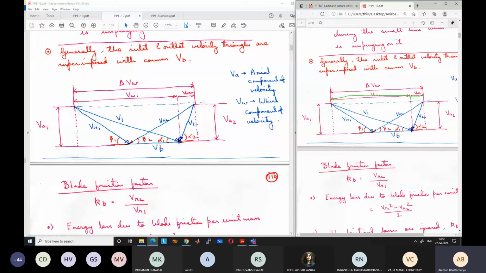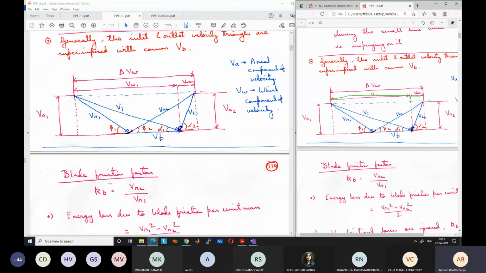So VR2 is slightly less than VR1. Later on during our calculation, we will take friction factor to be 1, ignoring the friction. Friction factor 1 means there is no friction, and then we will assume that VR2 is equal to VR1. But at the beginning, we will take the general case that VR2 is slightly less than VR1.